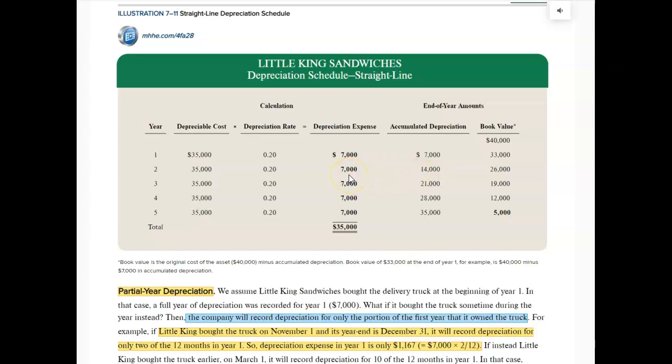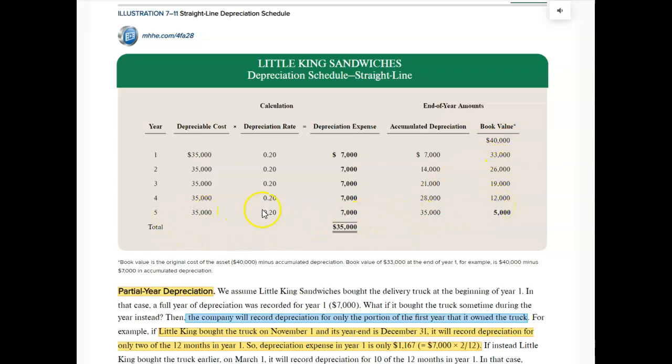If you remember the entry, we debited depreciation expense $7,000 and credited accumulated depreciation $7,000. That'll be the same adjusting entry at the end of every year. As we do that, our accumulated depreciation account will go up each year by $7,000. Our book value will decrease each year by $7,000.